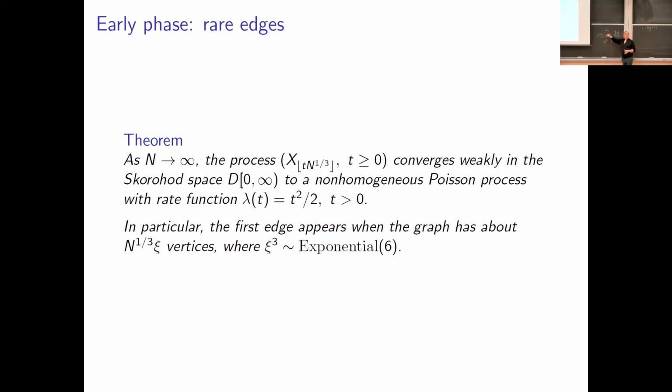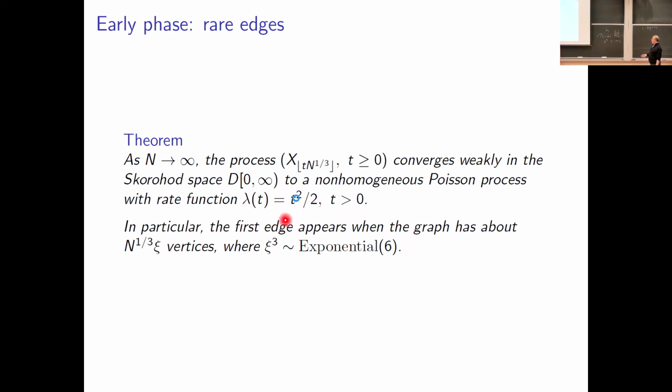Before that, we will have only vertices, vertices, and vertices. And moreover, the time of this will be sort of exponential, but it will not be exactly exponential. It will be the cubic root of an exponential variable with parameter 6.